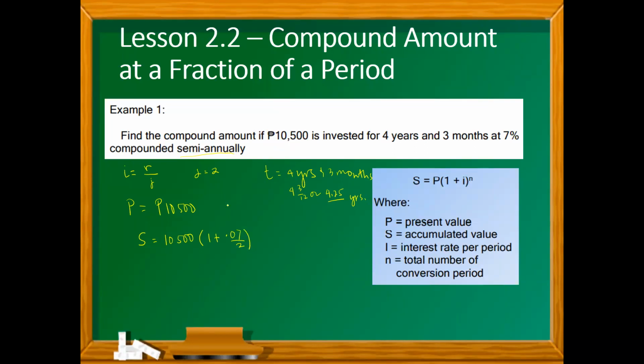And then our n equals the product of t and j, the compounding period. So here, t equals 4.25 times 2. So that's 8.5, right? Okay, so it's to the 8.5 power.